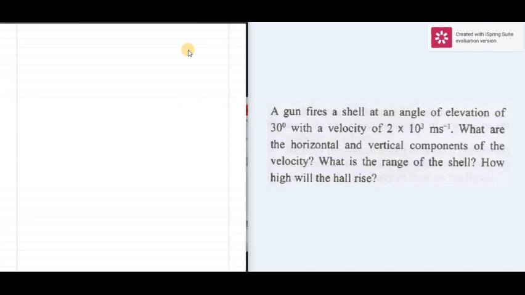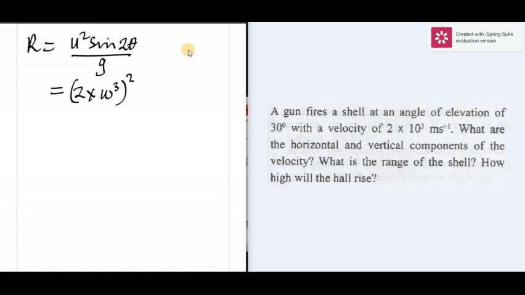The next is the range. The expression for the range is given as u square sin 2 theta all over g. We substitute the value. The initial velocity is 2 times 10 raised to the power 3. You square that. Sin 2 theta, theta is 30 degrees. Acceleration due to gravity is 10. I have there 4 times 10 raised to the power 6.